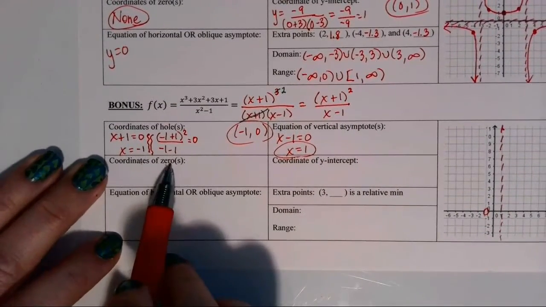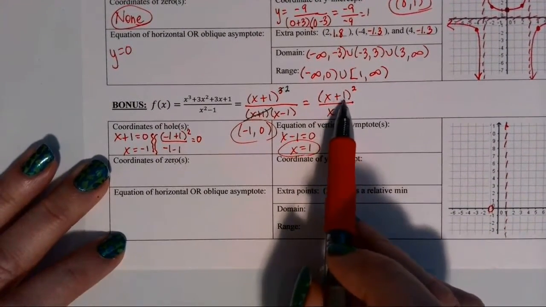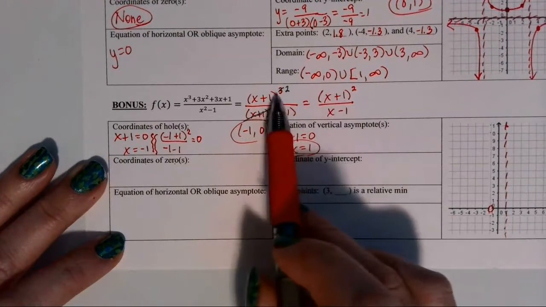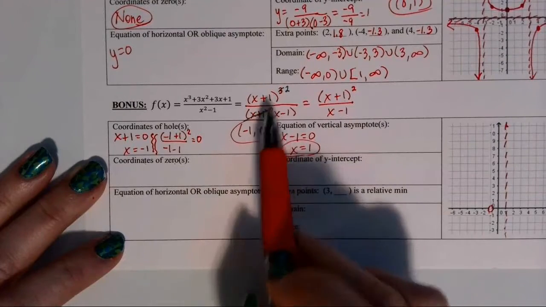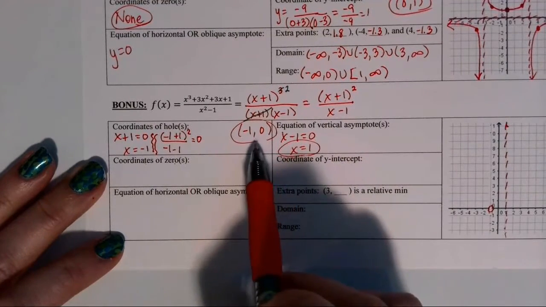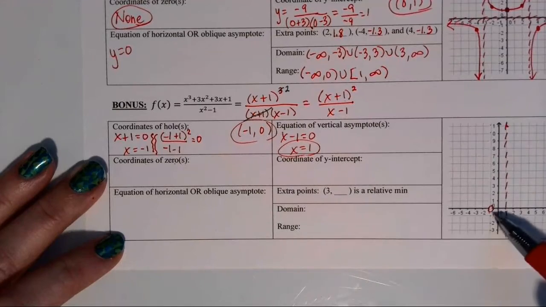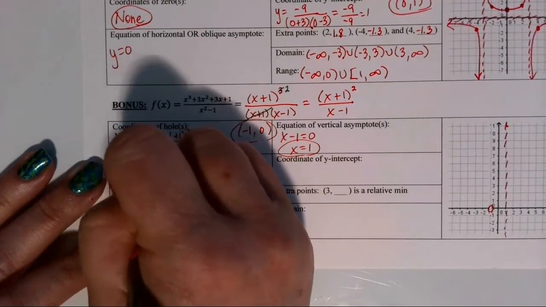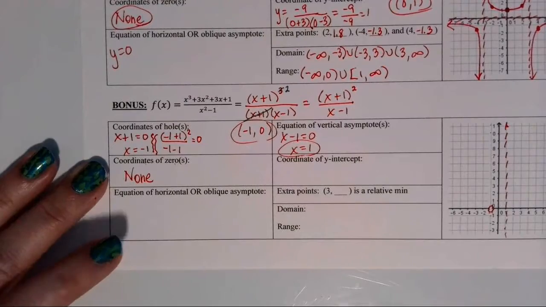Okay, then to find coordinates of zeros, I set non-canceled factors from the numerator equal to 0, but I can see that that's going to produce the same ordered pair as my hole, and a hole cannot be a real 0, so there would be none for my x-intercepts.